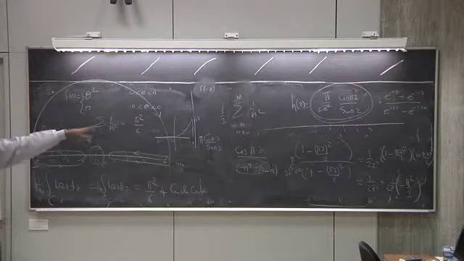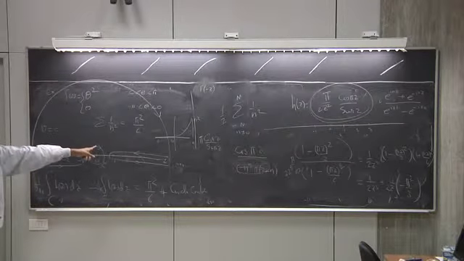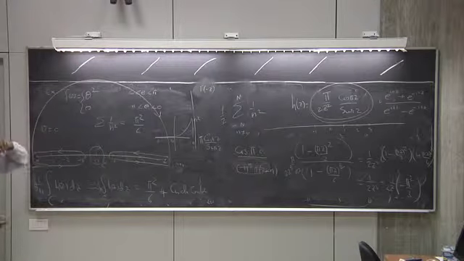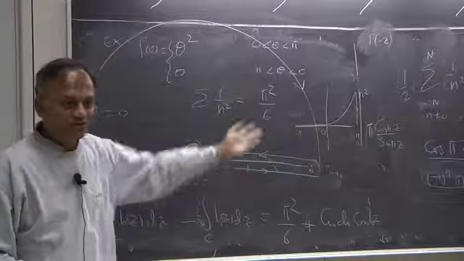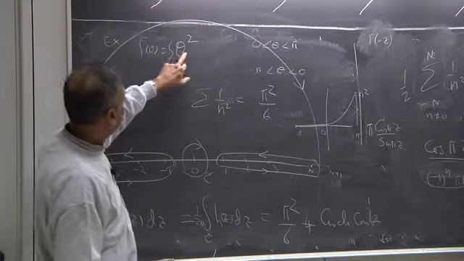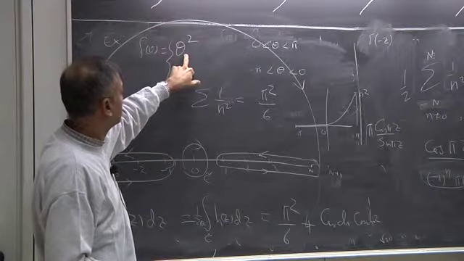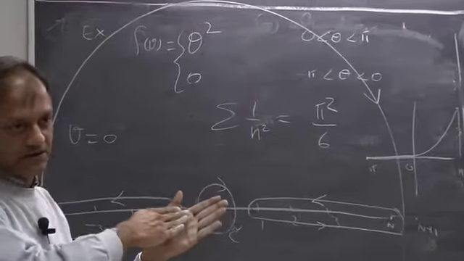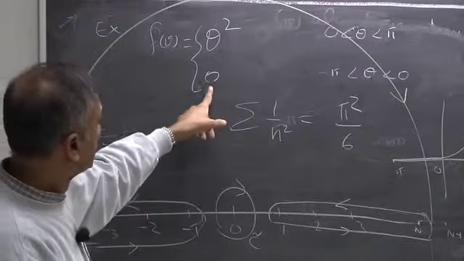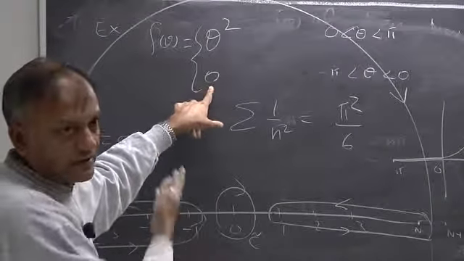You could try using a similar trick for the previous example. In the previous example, and not just for theta equal to 0 or pi, you can try to do it for arbitrary theta. This should be for theta equal to pi. This function was discontinuous, so that's why we had an average. We took the average, f of pi plus f of minus pi divided by 2. For theta equal to 0, this was continuous, so we just took this value 0.